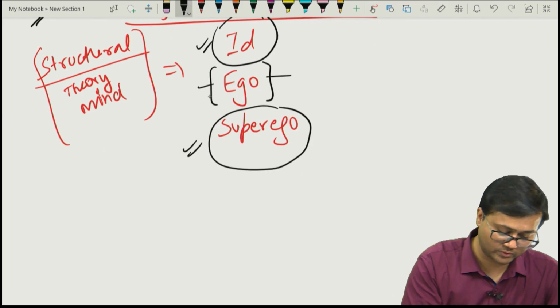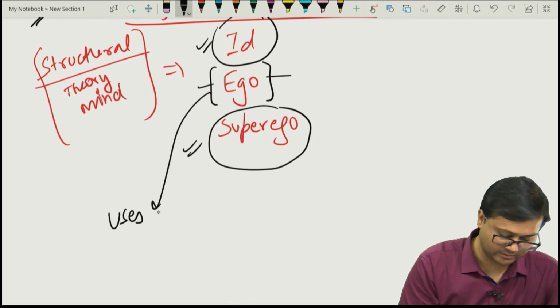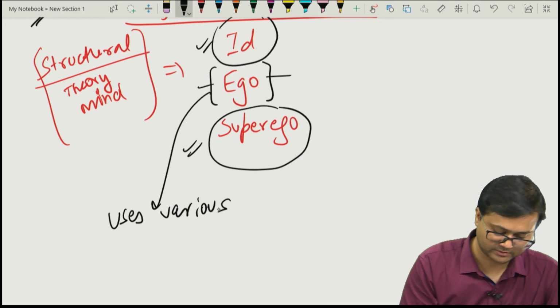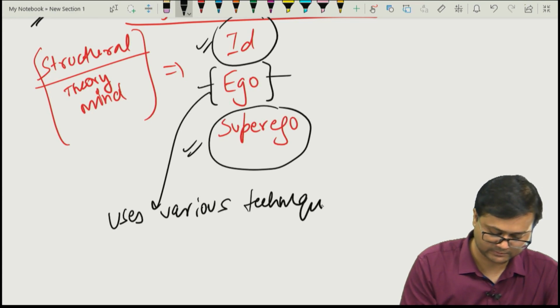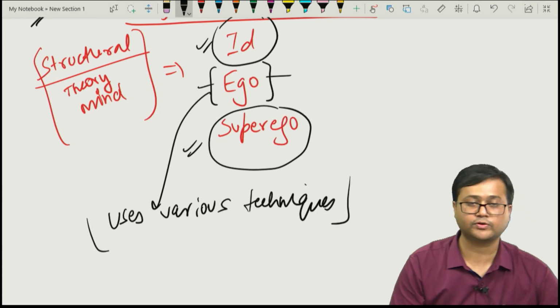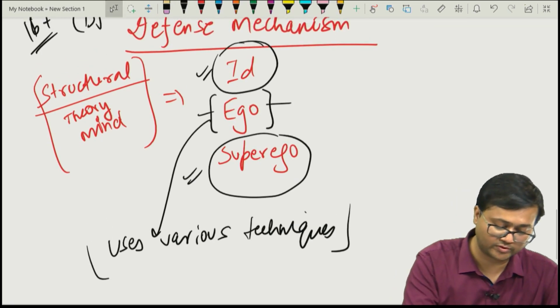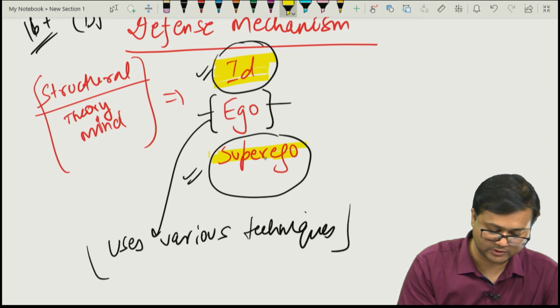So, the ego uses various techniques whenever there is a conflict between the id and the superego.